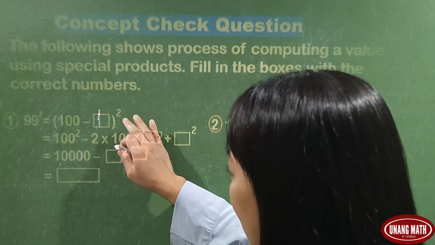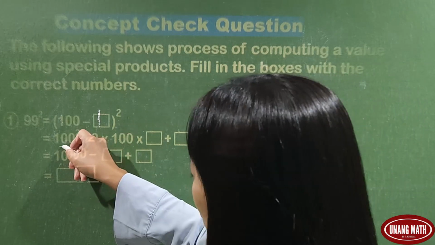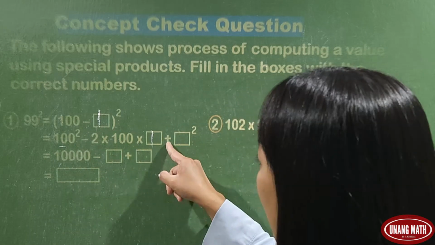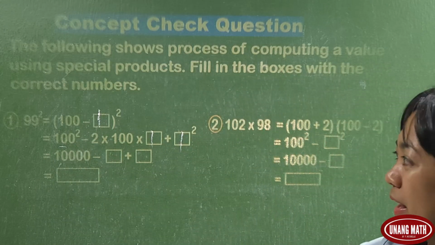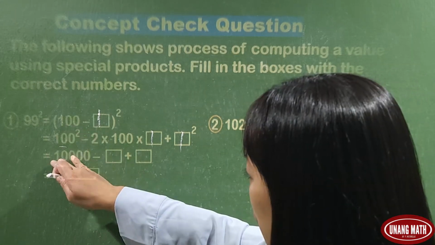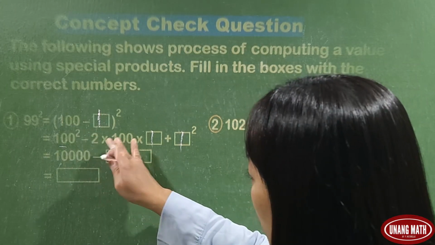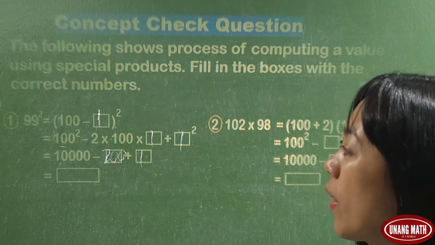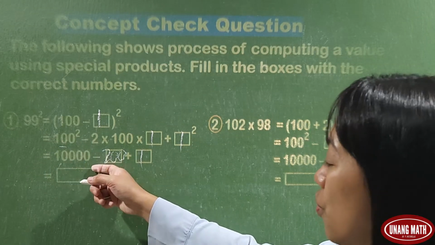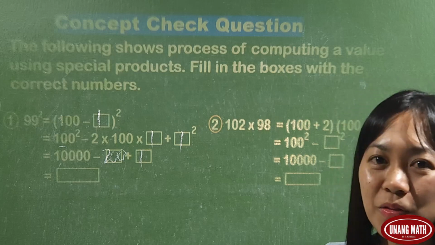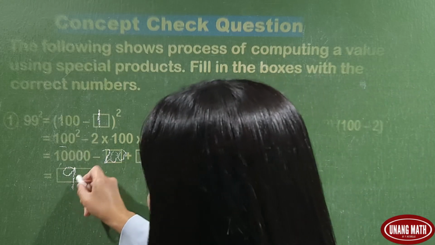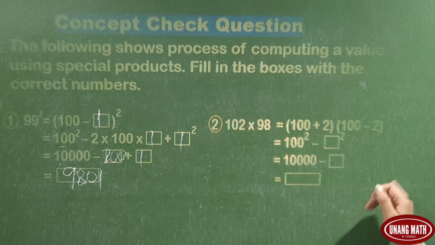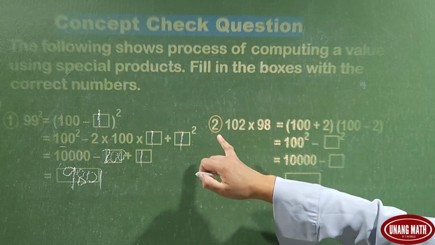Okay, so in here, using square of binomials, this is 100 squared minus the product of 2 times 100 times 1 plus 1 squared. And if we simplify, 100 squared is 10,000 minus 2 times 100 times 1, so that's 200. 1 squared is 1, so plus 1. 10,000 minus 200, then that's going to be 9,800 plus 1, so we have 9,801.